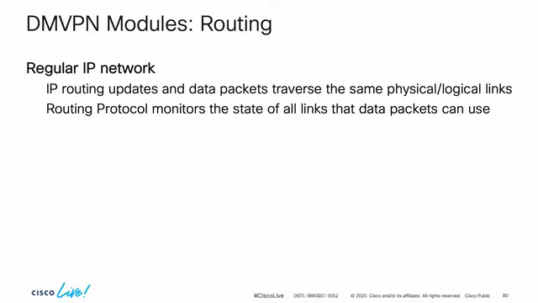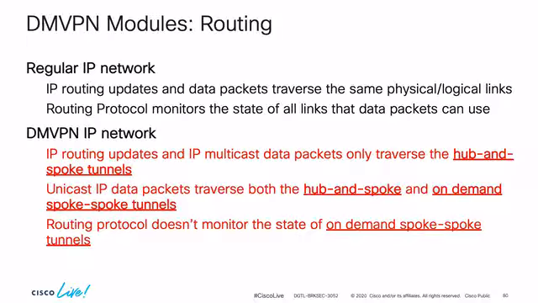In a DMVPN network, the IP routing updates and the IP multicast data packets only traverse the hub-and-spoke tunnels, whereas the unicast IP data packets traverse both the hub-and-spoke tunnels and the on-demand spoke-to-spoke tunnels.